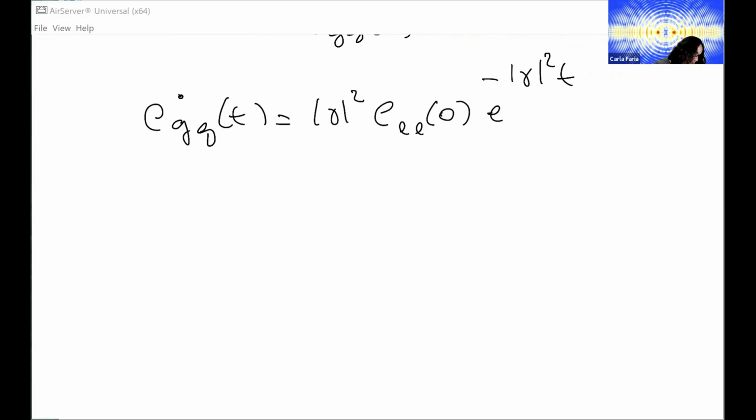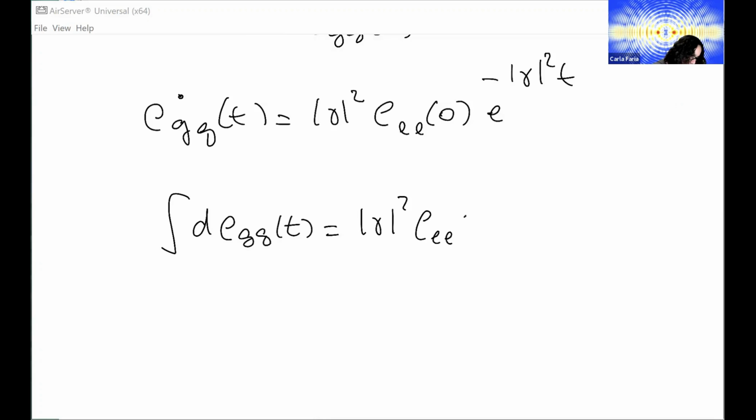So we need to integrate this rho_GG dot(t) dt, right? Or if you want, let me write this nicely. If you integrate, you have rho_GG(t) equals gamma squared rho_EE(0) integral of e to the minus gamma squared t dt.